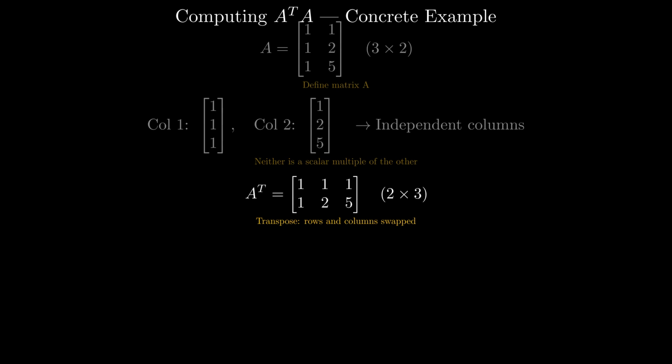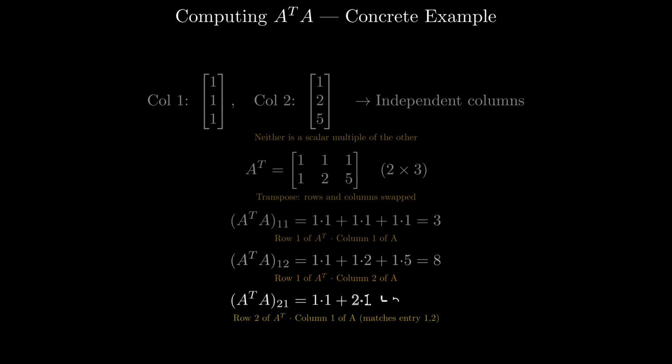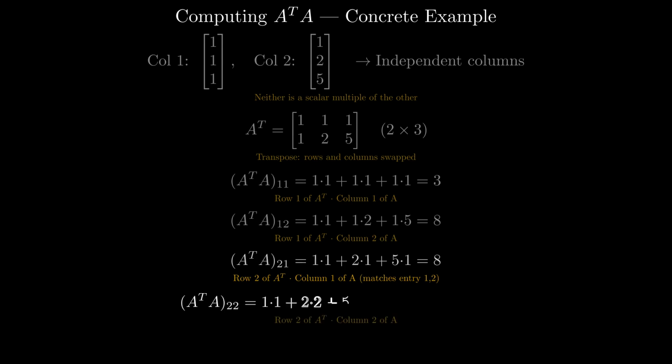Now let's multiply A transpose times A. For entry 1,1, we compute 1 times 1 plus 1 times 1 plus 1 times 1, which equals 3. For entry 1,2, we compute 1 times 1 plus 1 times 2 plus 1 times 5, which equals 8. For entry 2,1, we compute 1 times 1 plus 2 times 1 plus 5 times 1, which also equals 8.